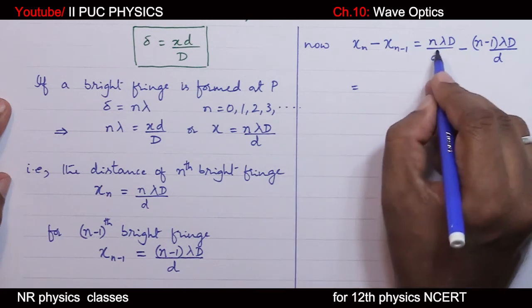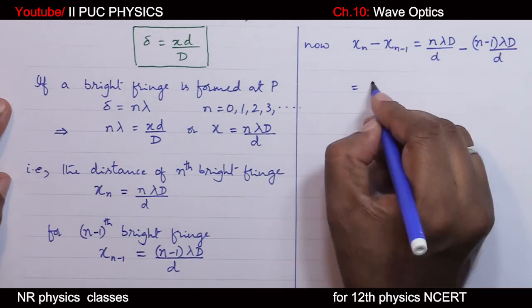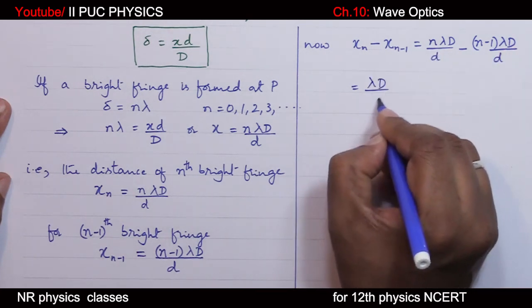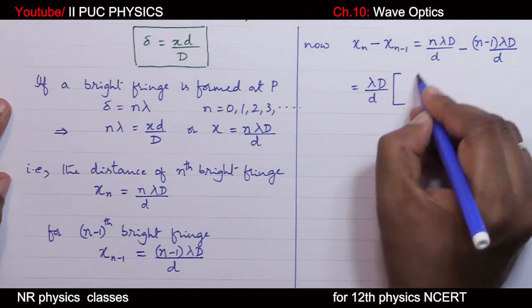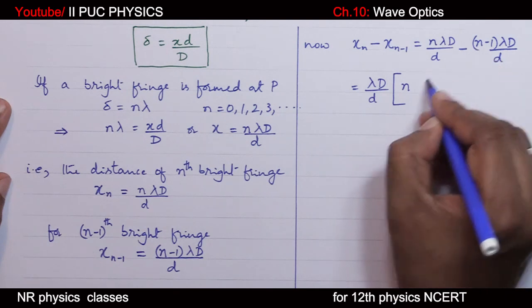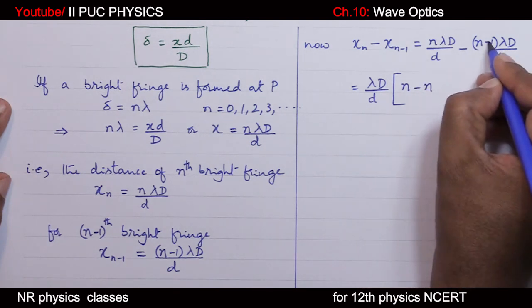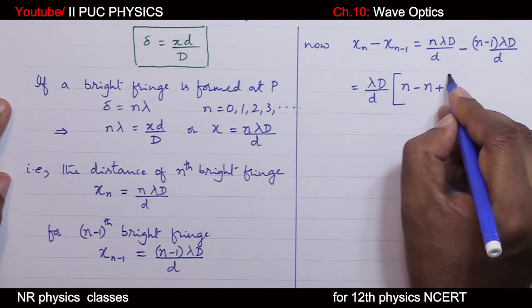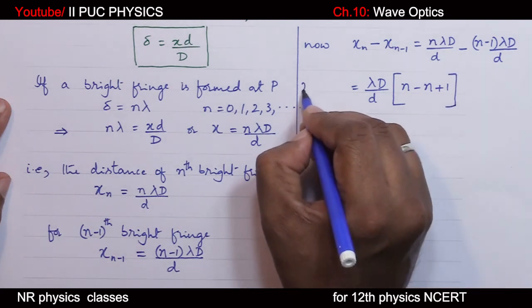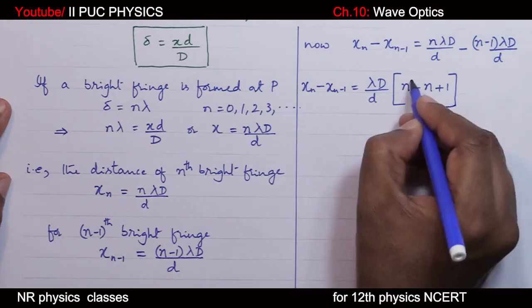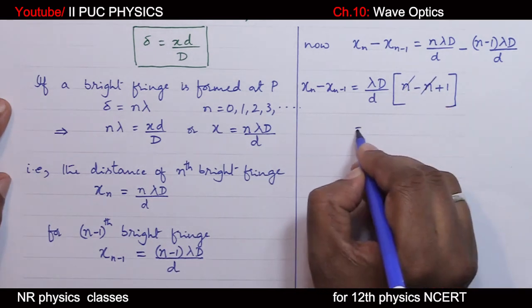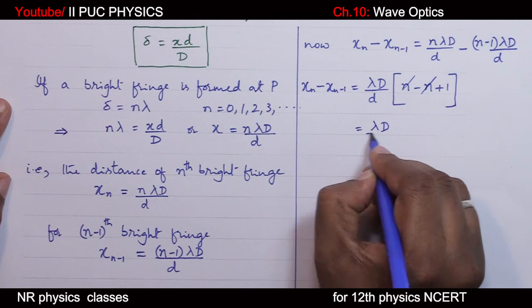Lambda capital D by small d is the common factor. Remaining is n minus n minus minus plus 1. These get cancelled. What we are left with is lambda capital D by small d.